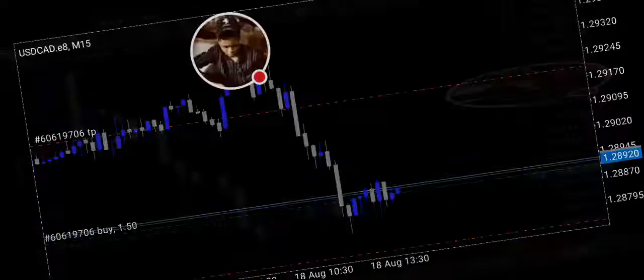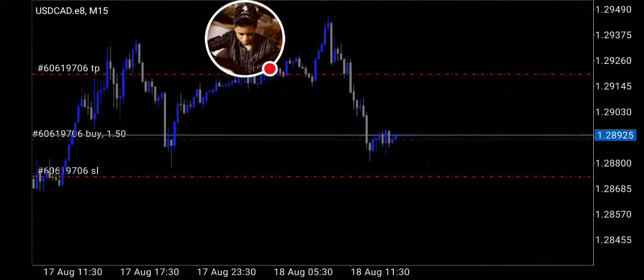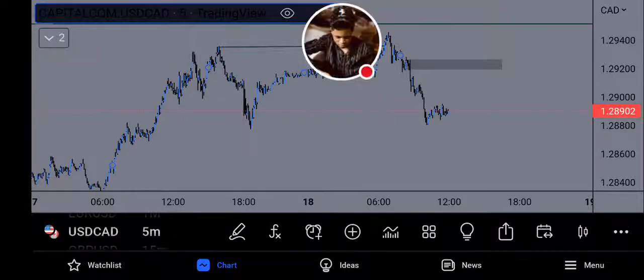Let me rotate my screen. So this is MT4 and you can see my entry. I don't even know how to exit this mode. But that is by the way. Let's move to our TradingView to see what is going on.